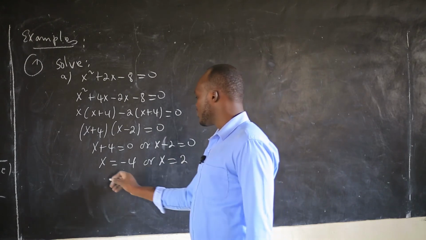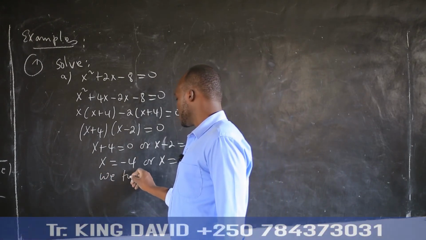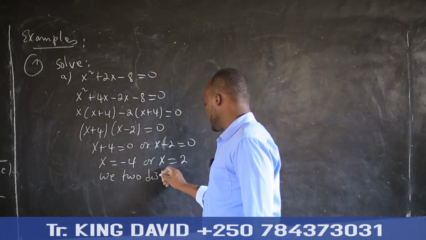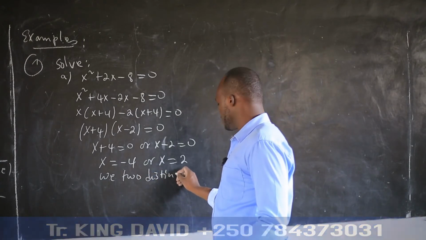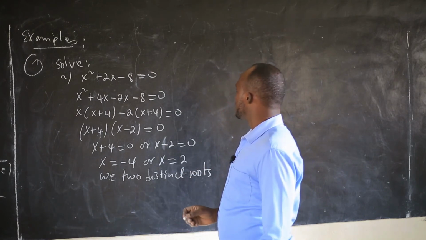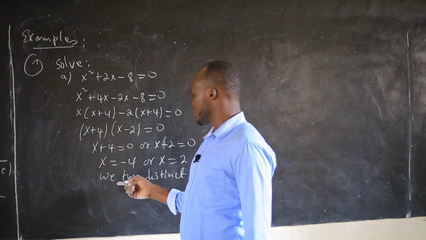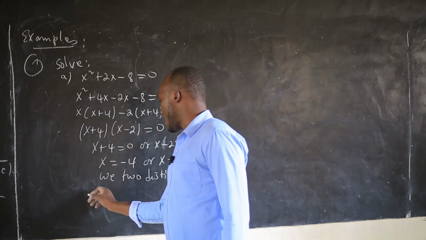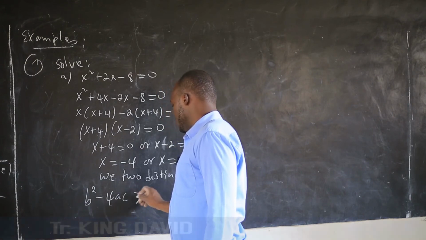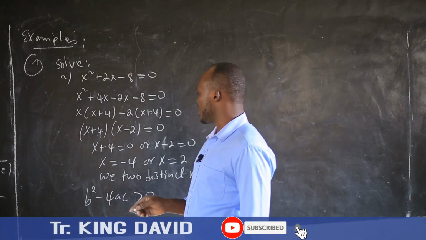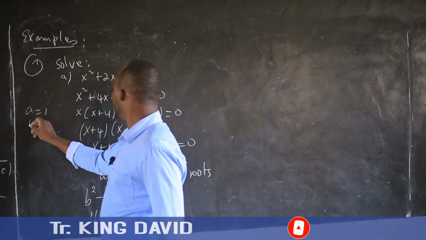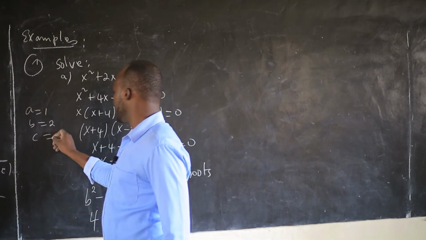So you see here we have two distinct roots, which is two different roots. I've used factorization, but if we use delta, our b squared minus 4ac, it means that it's greater than 0. If you check, a is 1, b is 2, c is negative 8.